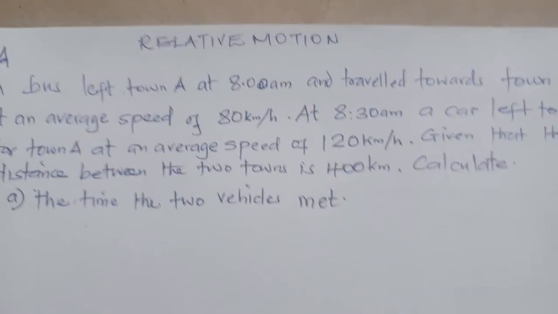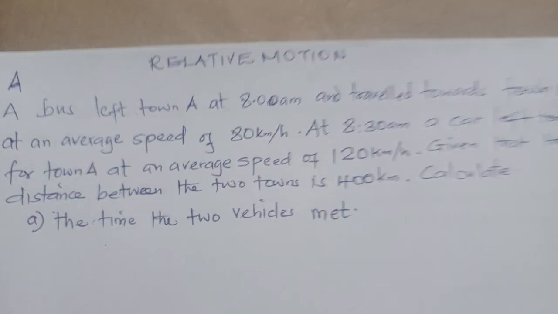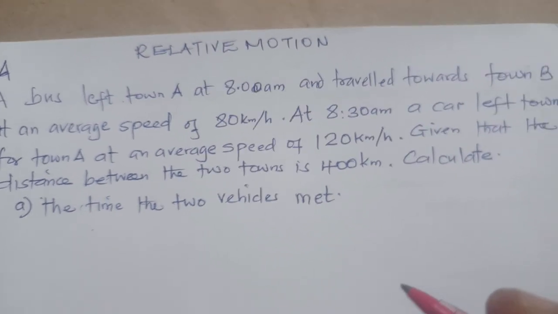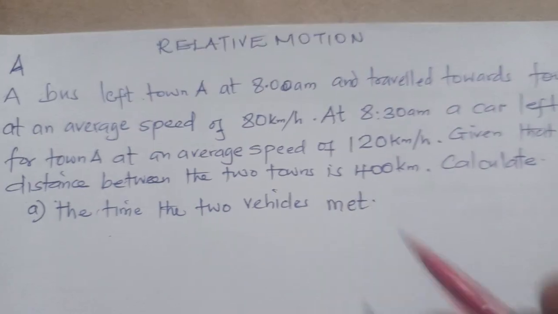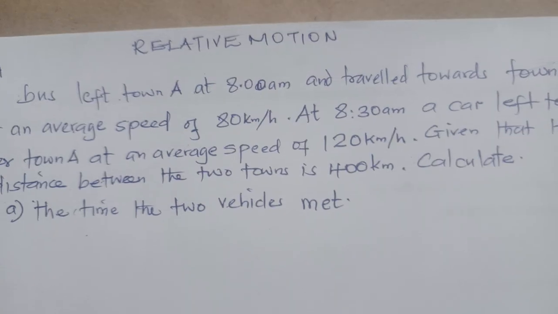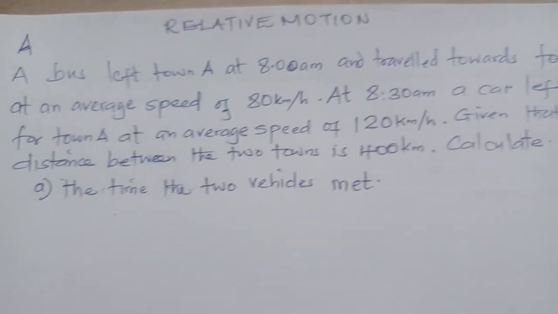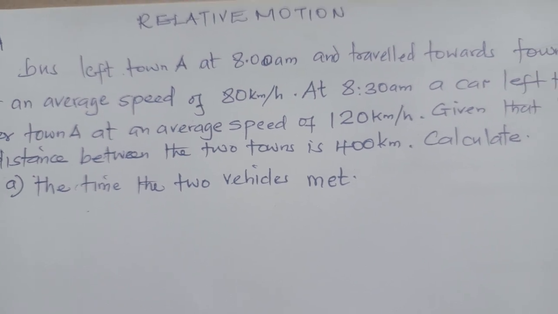In this session, I want us to look at a question in linear motion, and a subtopic we call relative motion. So here is a question, as it reads: a bus left town A at 8 a.m. and traveled towards town B at an average speed of 80 kilometers per hour.